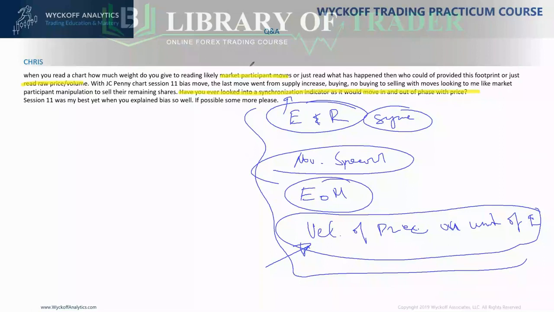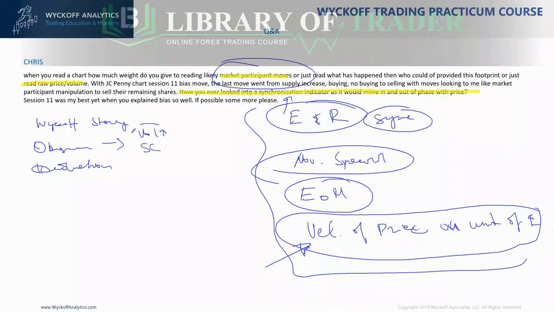And then the second question, what do we look at? Market participants. What we call a Wyckoff story is a combination of observations and deductions. Under the observations, you're going to see the increased volume signature, and you're going to see specific events where the big interest is going to participate.